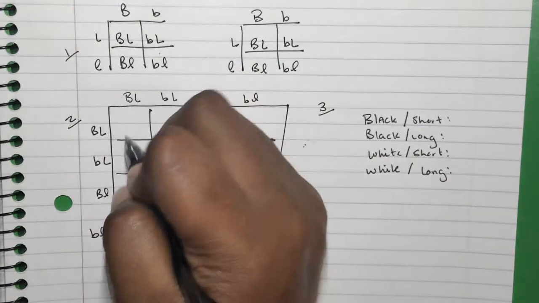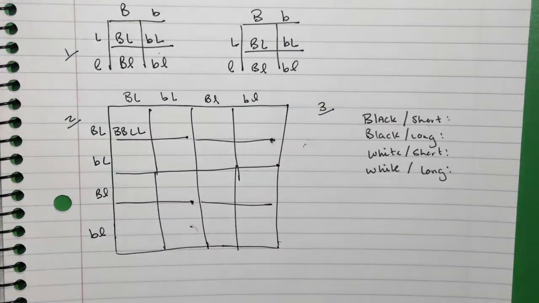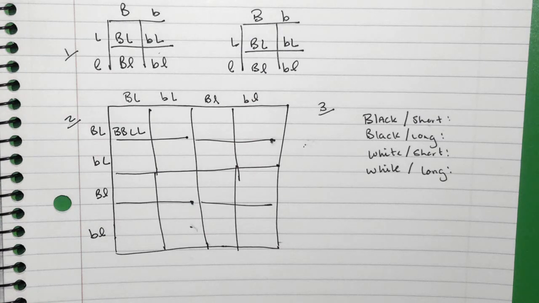On the first one, so long as everything's consistent, I'm going to put big B, big L, big L. You guys tell me, that guinea pig, black short, black long, white short, white long. What do you say?